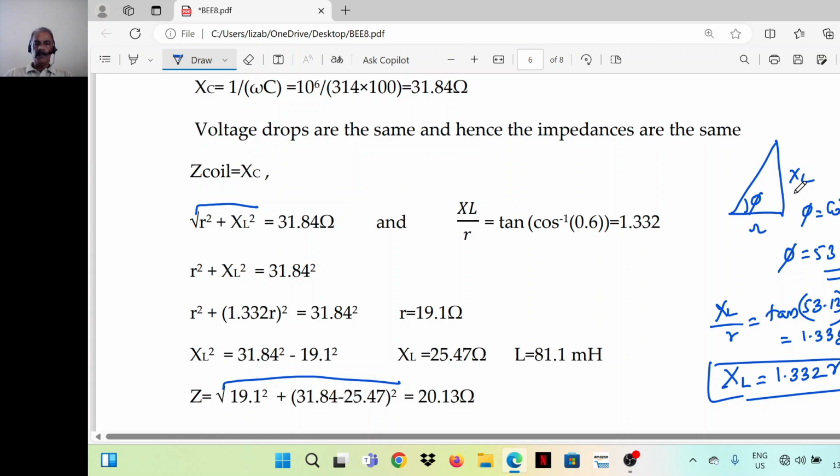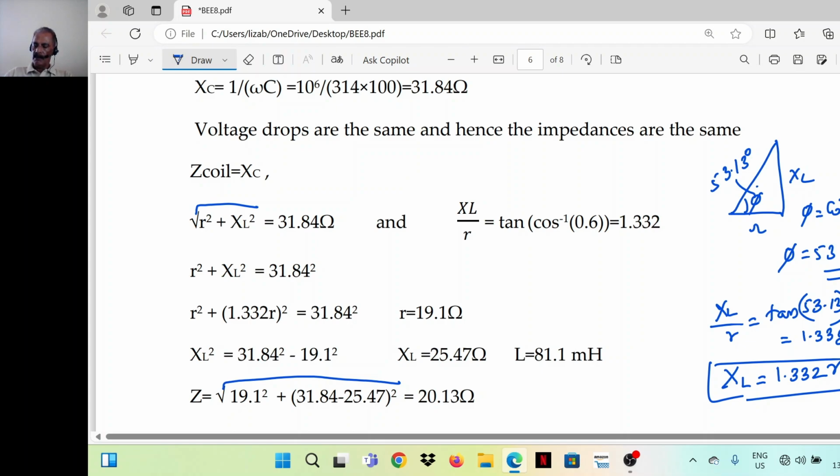So it's given that power factor is equal to 0.6. So the power factor angle is 53.13 degree. Again, tan phi is equal to XL by R. Tan 53.13 is 1.332. So XL is 1.332 R.